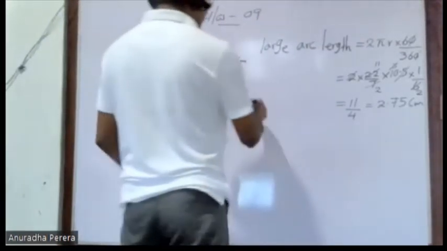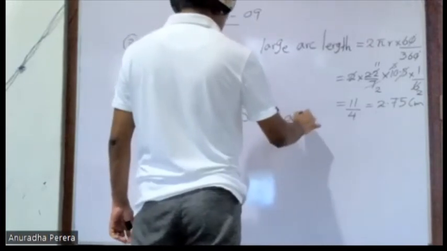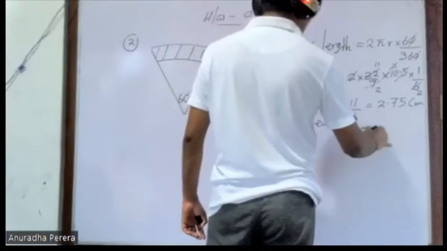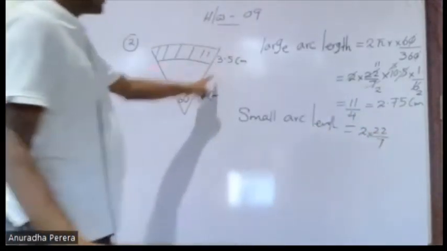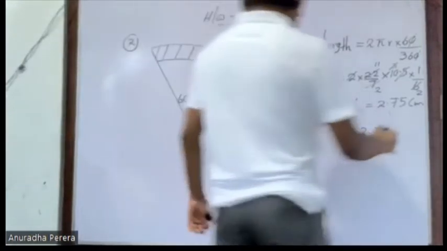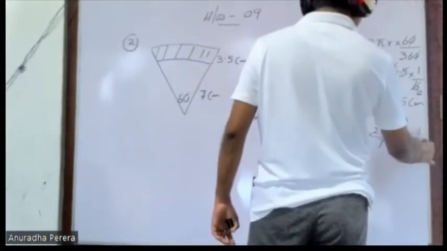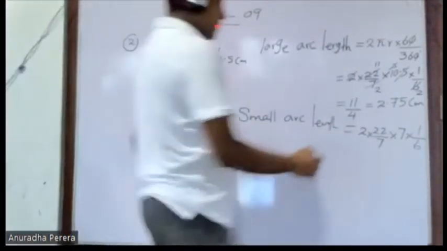The small arc length, again 2πr, 22 over 7. The radius is 7. 1 over 6. The angle at the center is the same, 60 degrees.